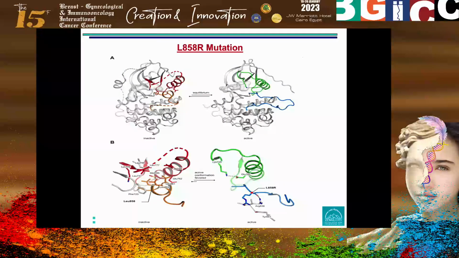Also, the other sensitizing or activating mutation making this kinase oncogenic is the L858R mutation. Leucine 858 is a hydrophobic amino acid residue, as you know. It's located in the activation segment, and it lies in the place between beta 3 and alpha C helix, where it makes hydrophobic interaction with these residues.